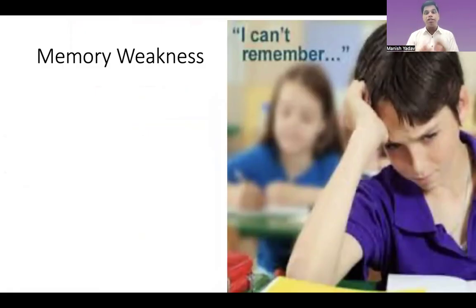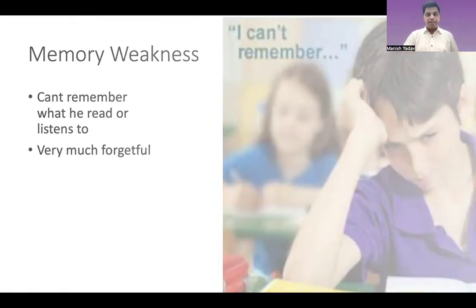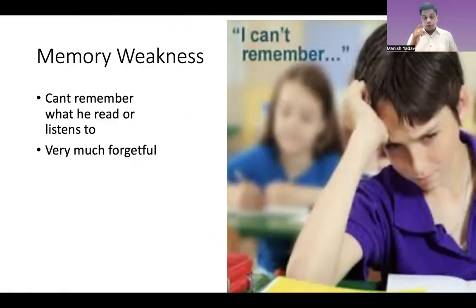If my blood circulation is not proper, memory weakness will happen. So the child will complain of memory weakness, especially can't remember what he has read or listened to. Very forgetful. These are very important features of children. So now when I'm talking to you, I hope I'm able to create a picture of a child. I'm specifically talking about children.